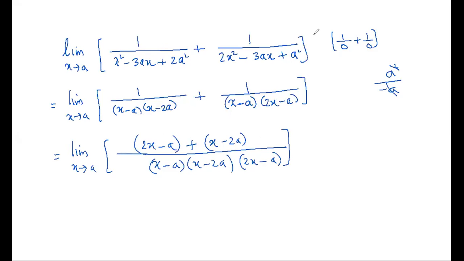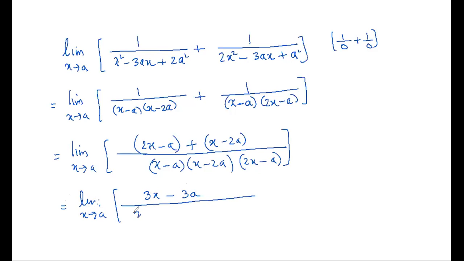Write it. Now numerator like terms must be added. Limit x tending to A. 2x plus x will become 3x minus 3A. One question to you, which term should get cancelled? X minus A, sir.